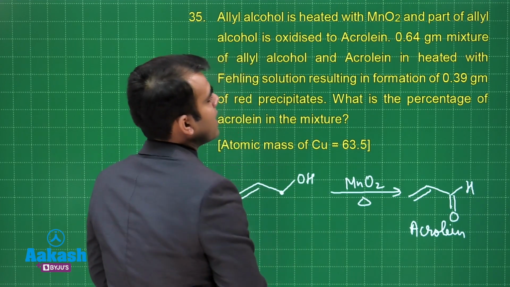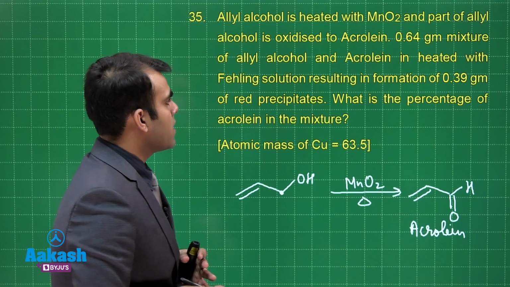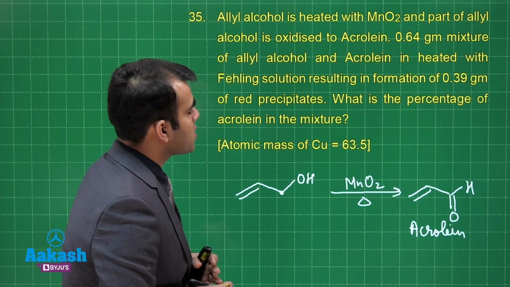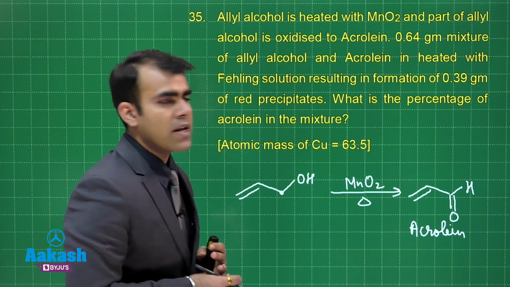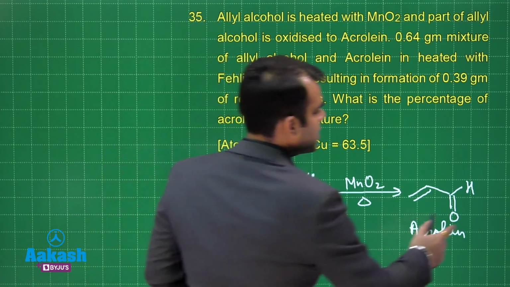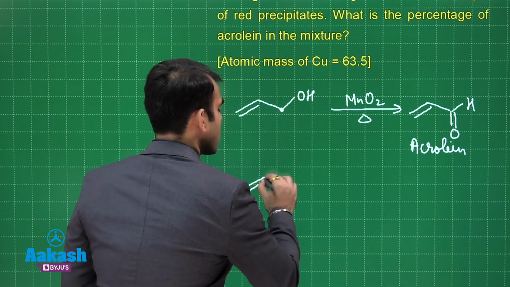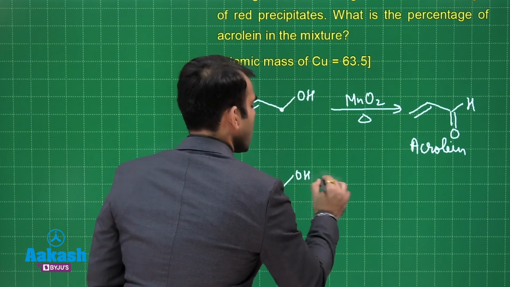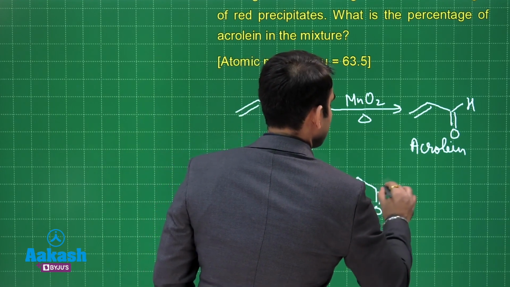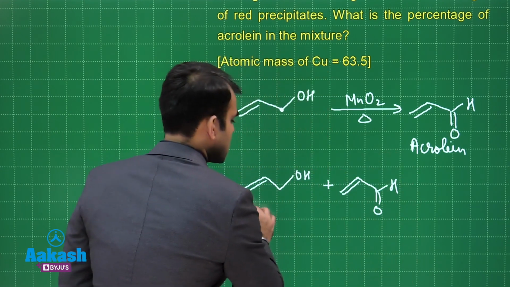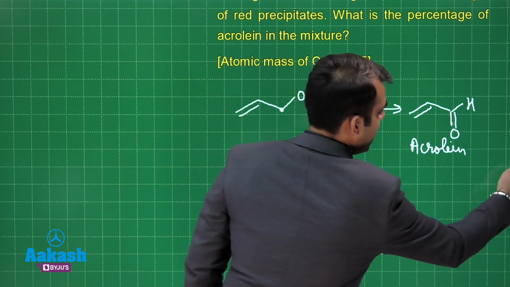Now after that it has been given to us that 0.64 gram mixture of allyl alcohol and acrolein is heated with Fehling solution, resulting in formation of 0.39 gram of red ppt. Now what we are doing here is we are treating allyl alcohol and acrolein with Fehling solution.